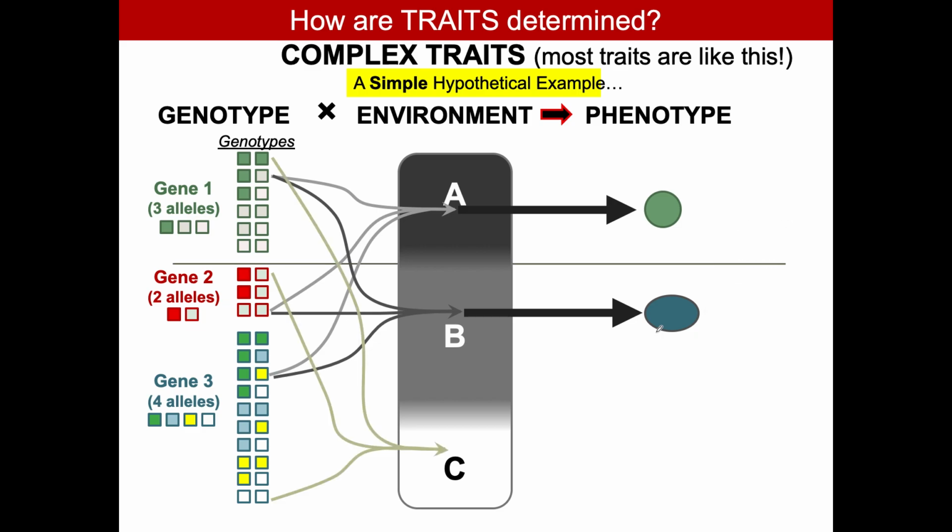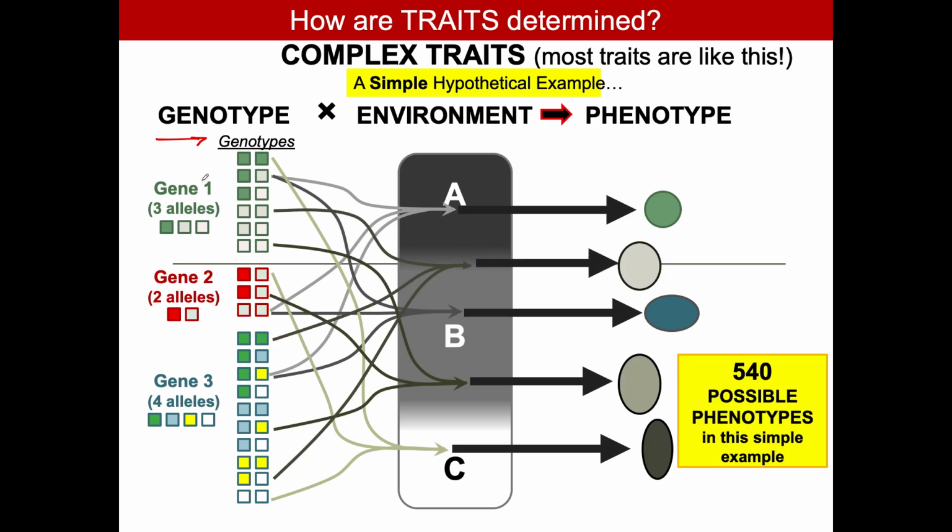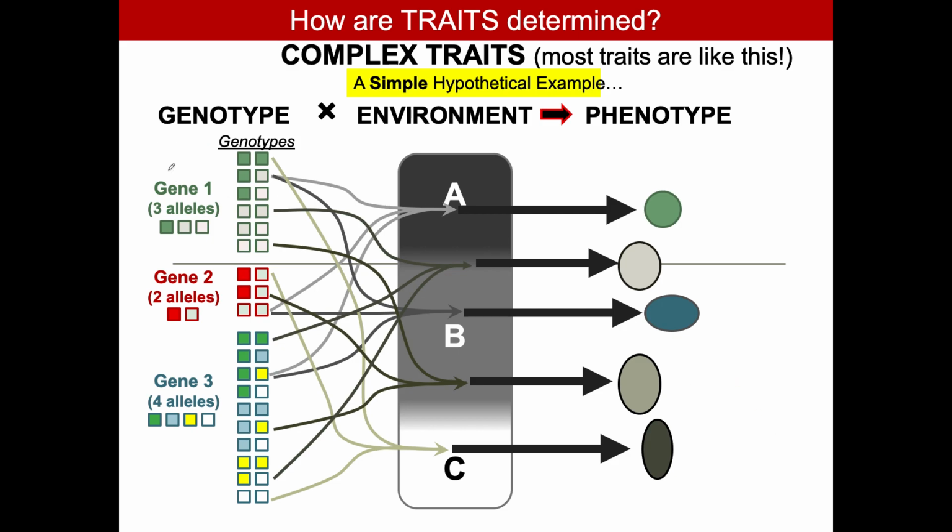We can have an individual with different genes, different alleles, and a different environment, which leads to different effects, and so on. And so we can go through this entire example, and come up with 540 possible different phenotypes just based on this combination of genes, alleles, and environments alone.